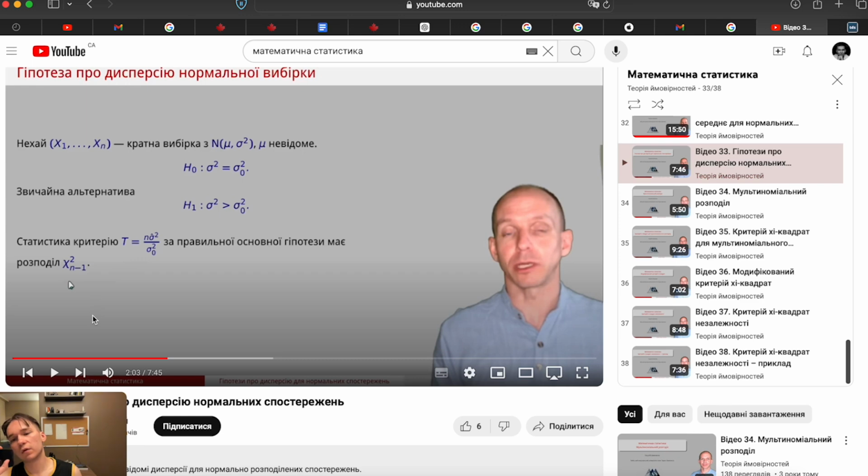So if you sum over i from 1 to n of these xi minus the mean of x, then you will probably get one item which is dependent on the others.